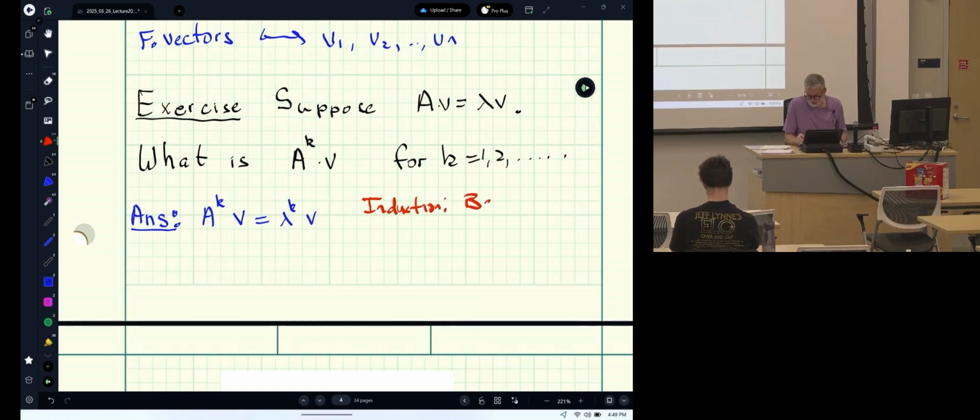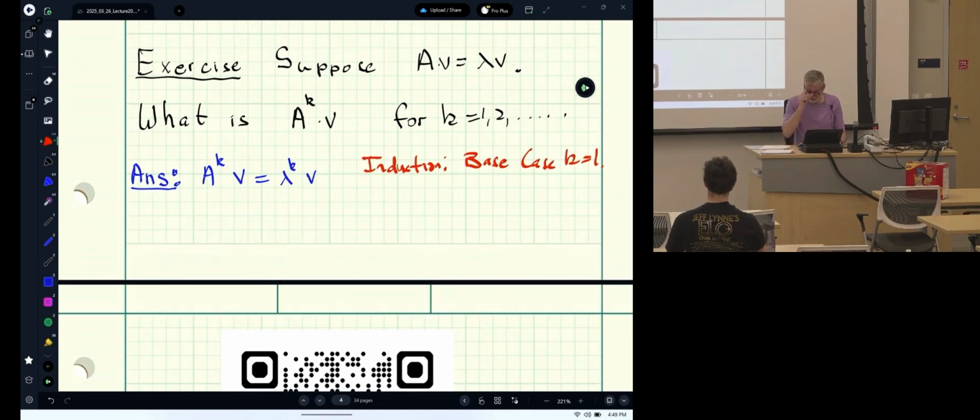Induction. So the base case is just k equals 1, right? So that's obvious. Let's do the induction step.